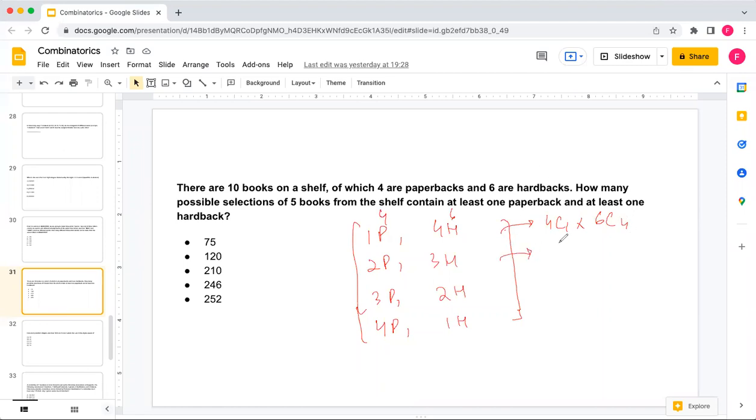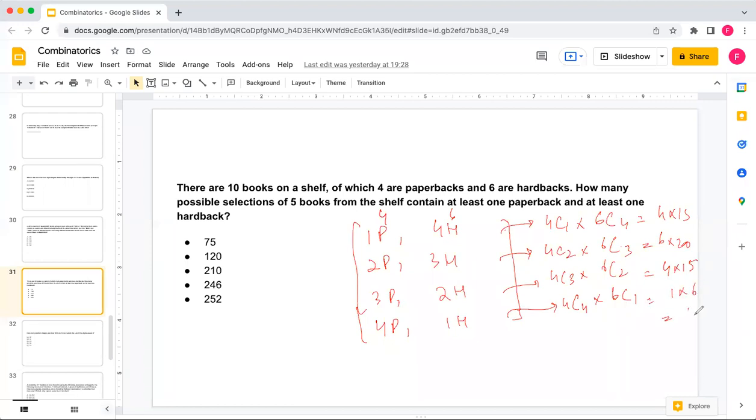The next one is 4C2 into 6C3. The next one is 4C3 into 6C2. And the last one is 4C4 into 6C1. If you solve this, this is 4 into 15, this is 6 into 20, this is 4 into 15, and this is 1 into 6.